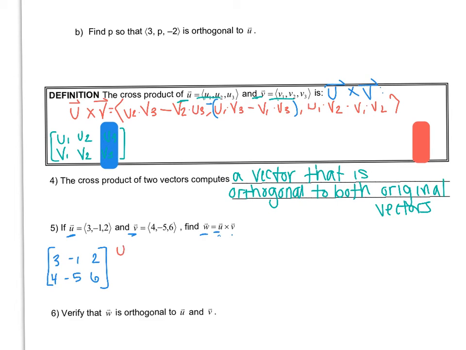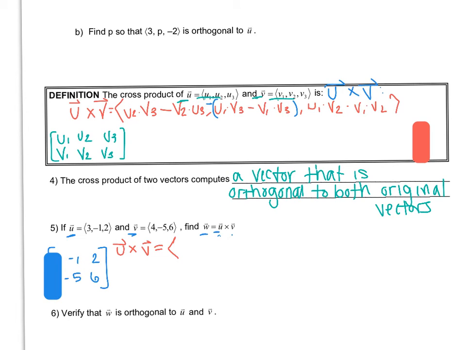The cross product of u cross v is going to result in another vector, so I've got my little brackets. I want to find the first component, so I'm going to cover up the first column. Then I do the cross product: negative 1 times 6 minus negative 5 times 2.